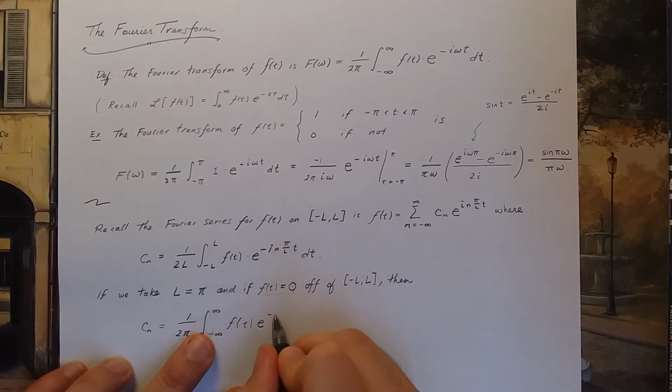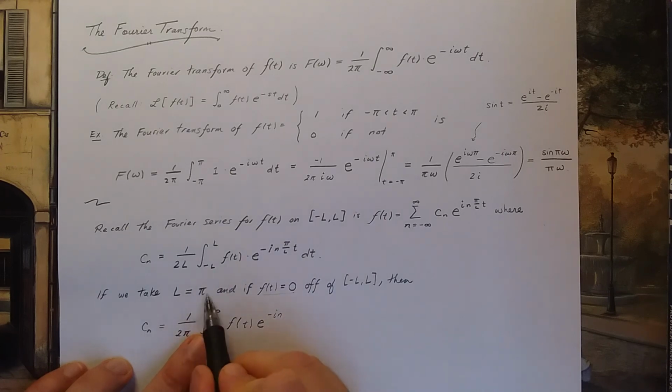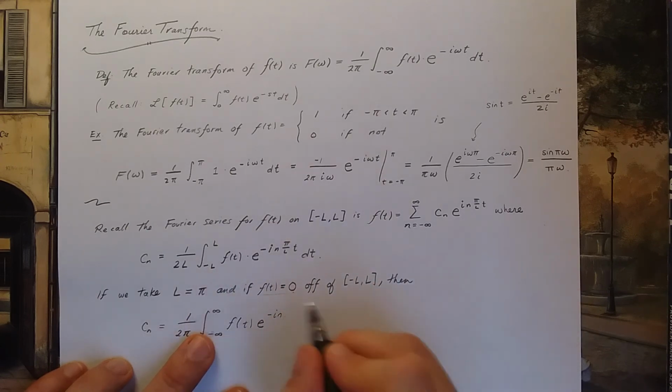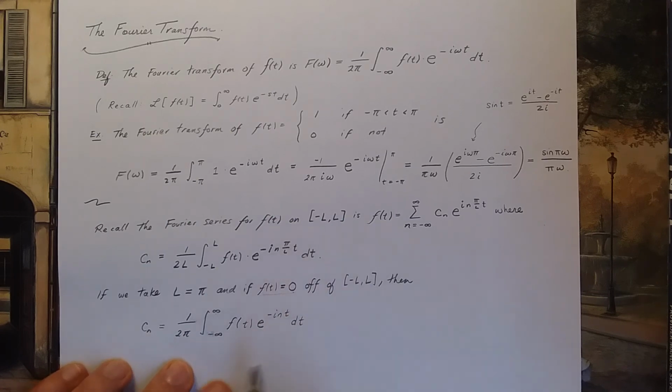Now if L is equal to pi, pi over L is equal to 1, and that term is not there anymore. And I find the Fourier transform evaluated at the integer n.